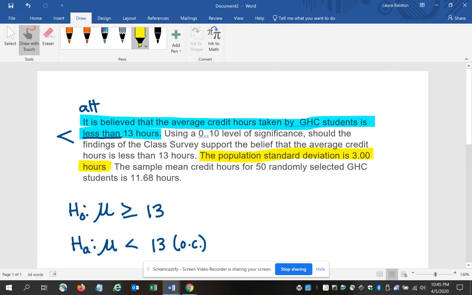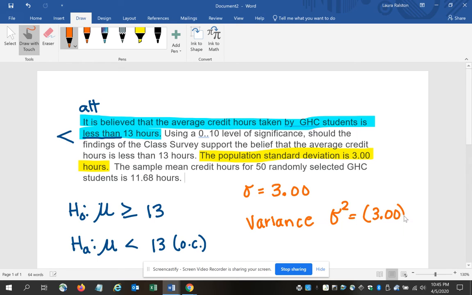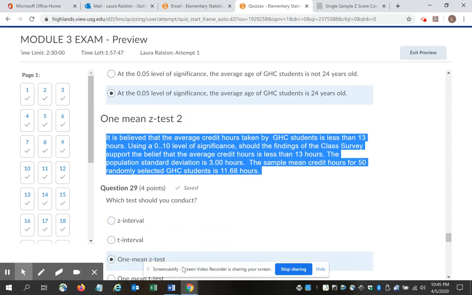So I know that sigma is 3. The variance, which would be sigma squared, would be 3 squared, which is 9.